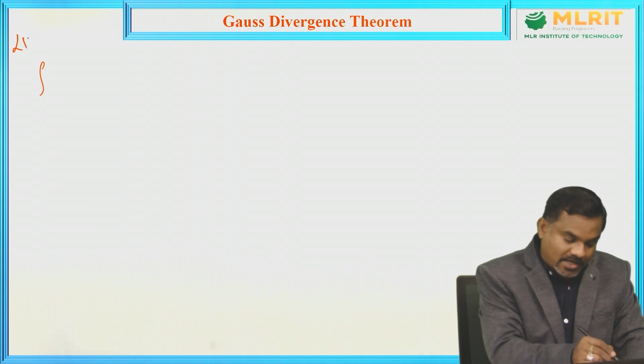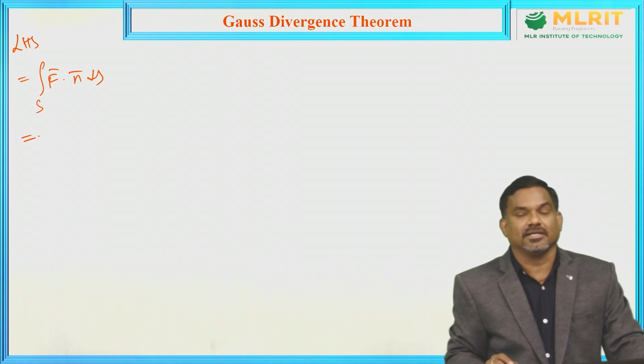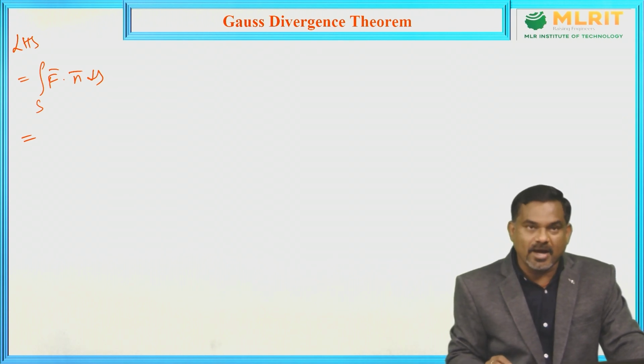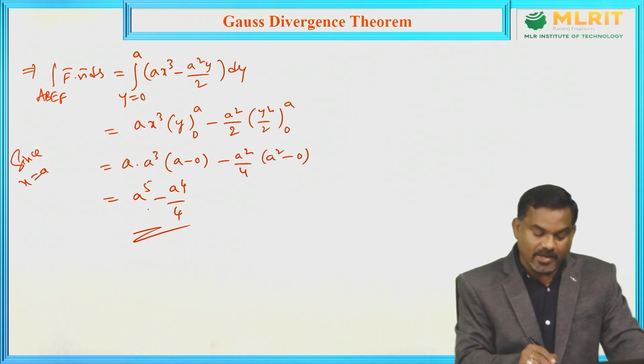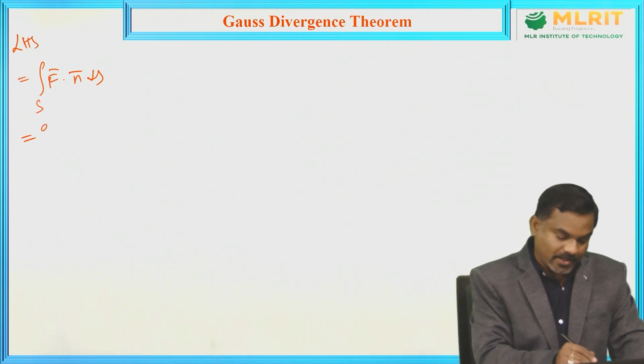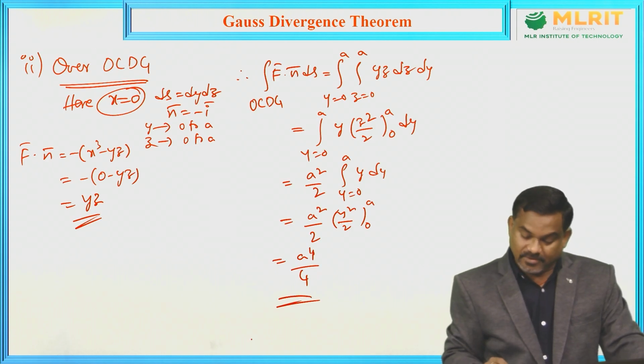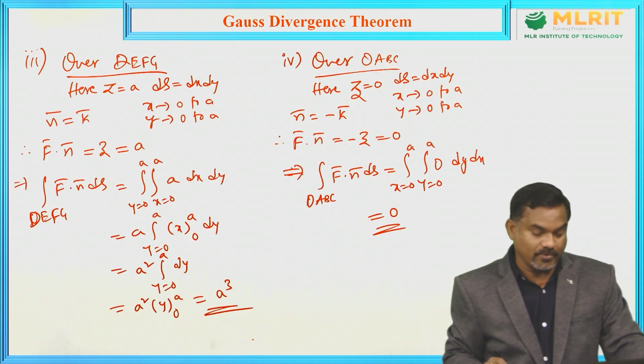Finally, the LHS is the surface integral of f bar dot n bar ds. We need to add all these 6 values. Let us go back. For the first one, we got a power 5 minus a power 4 by 4. Second one, a power 5 plus a power 4 by 4.